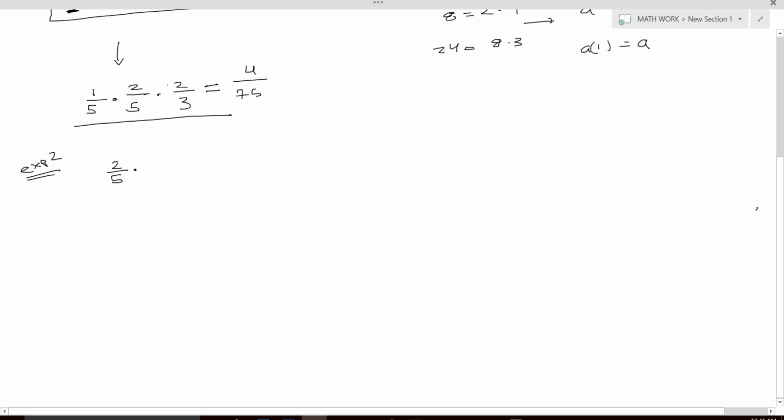Times, say 15/3, times 3/2, times, say let's throw in a mixed number, 1 and 3/4, times 8 over 2.